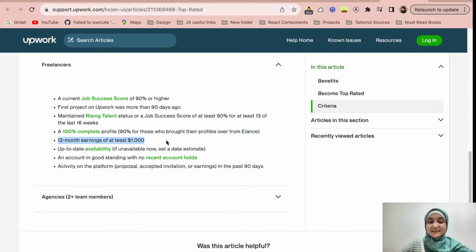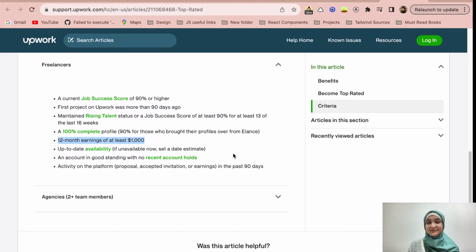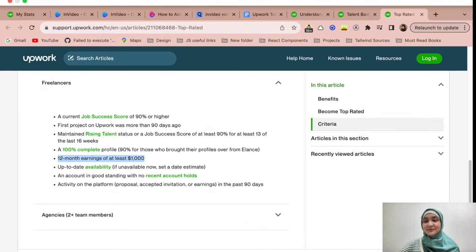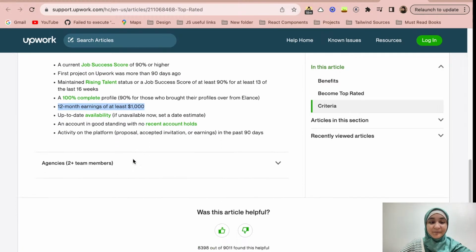The next criteria is you should have 12 months earnings of at least 1,000. How they calculate it is, if we are now September 13, 2023, they calculate my earnings from September 13, 2022. And within that period, if it's more than 1K, I am eligible.